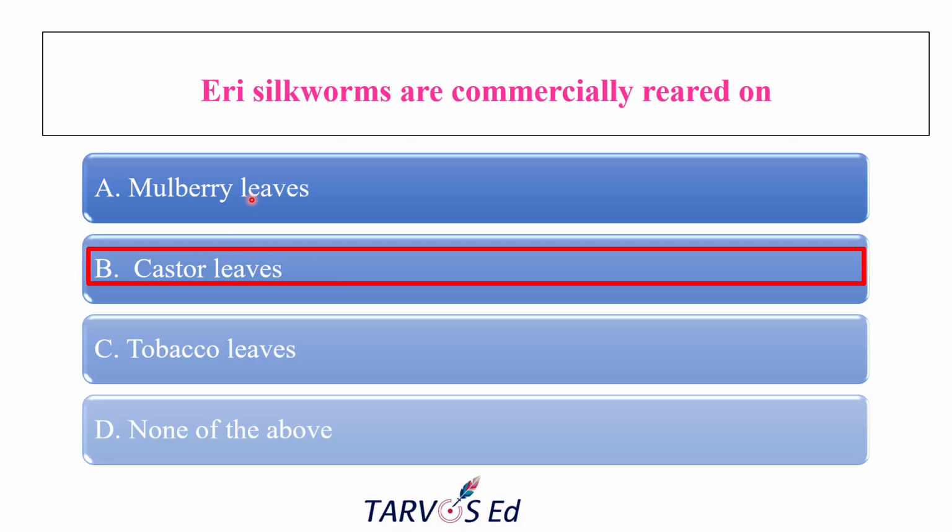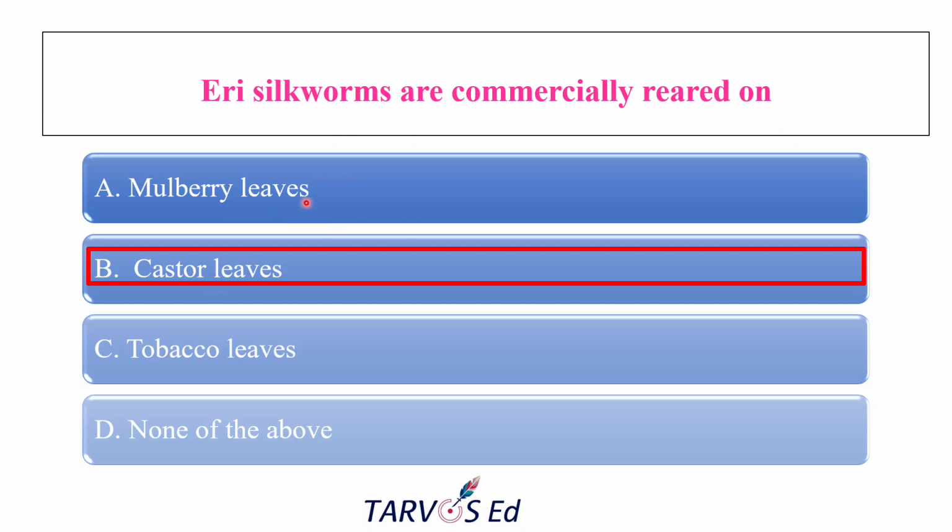This eri silkworm is a polyphagous insect, but castor leaf is the primary host for commercial rearing in India. Other secondary hosts reported are kesseru, tapioca, and so on. But the primary host for eri silkworm commercialization is castor leaf.